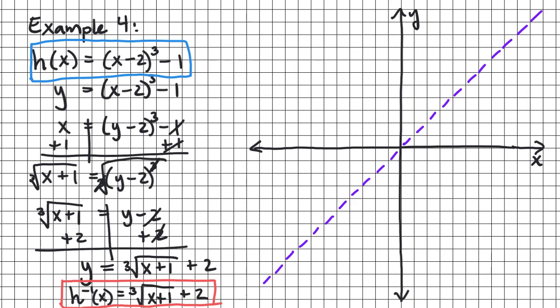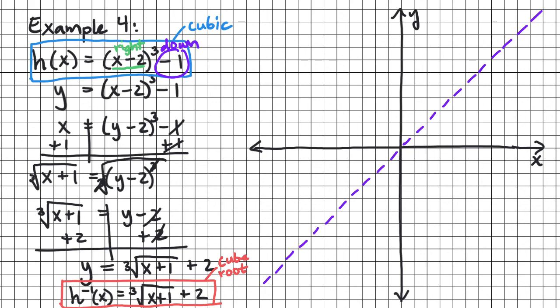And so let's keep in mind that the original is a cubic, and now this time the inverse is a cube root. And the original cubic one has an x minus 2 inside, so that means we're going to go to the right 2, and the minus 1 is saying to go down 1.